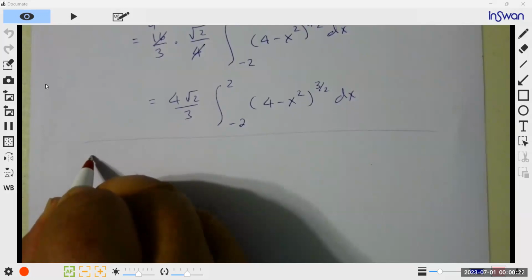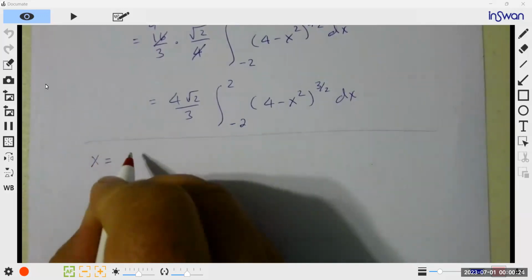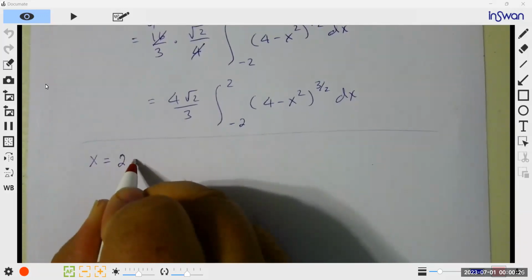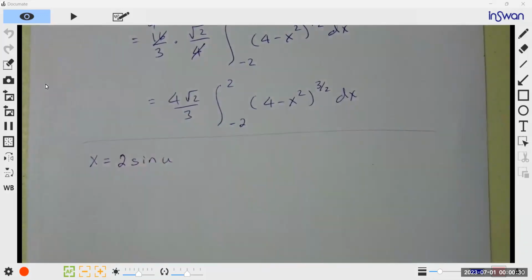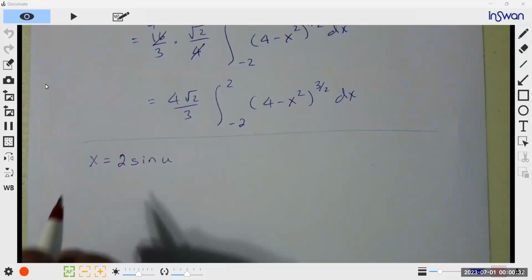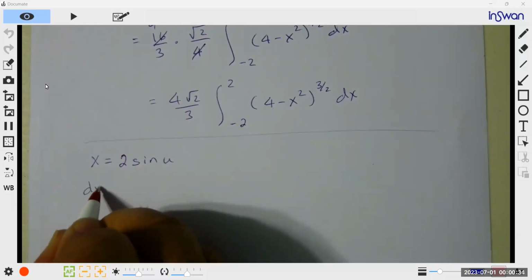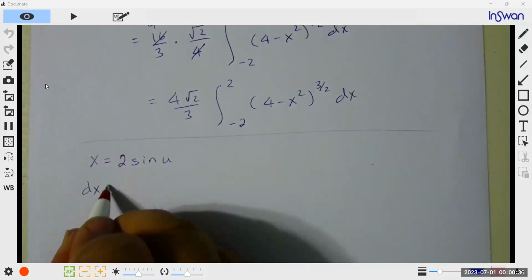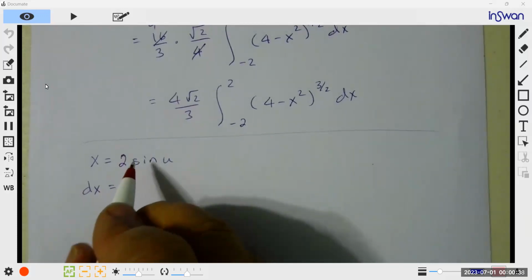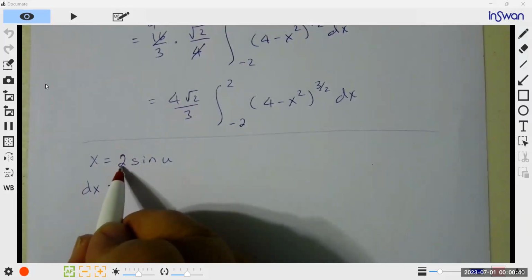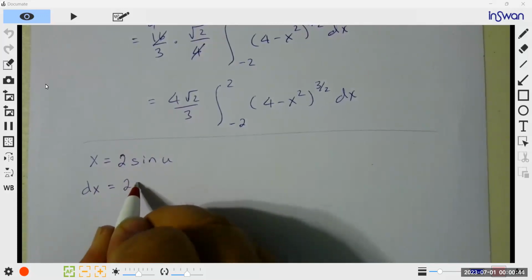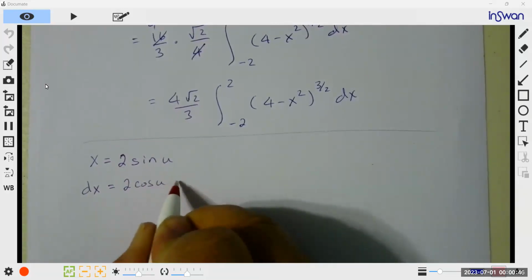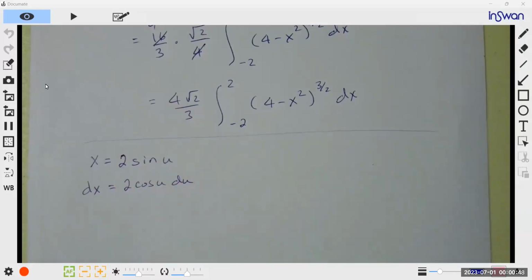We're going to say that x is equal to 2 sine u. Now the dx part will equal to 2 is a constant, derivative of sine is cosine du.